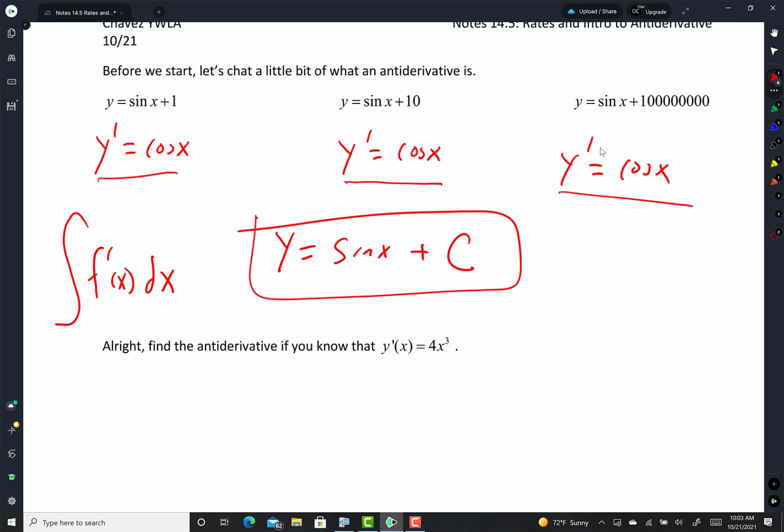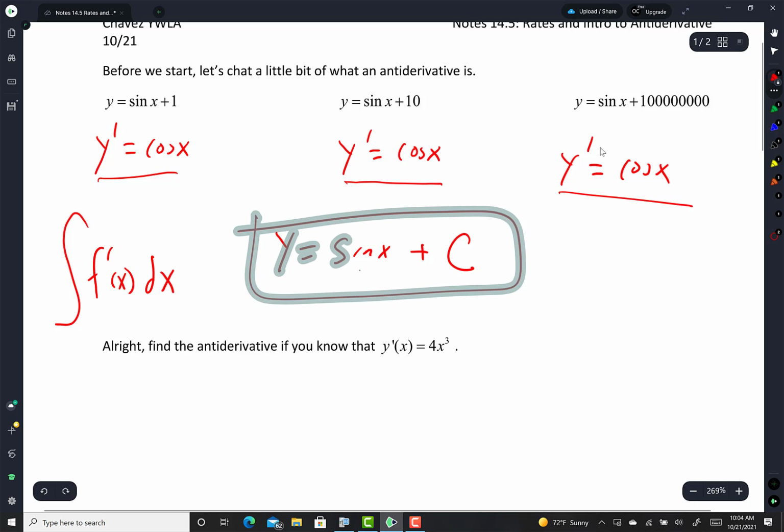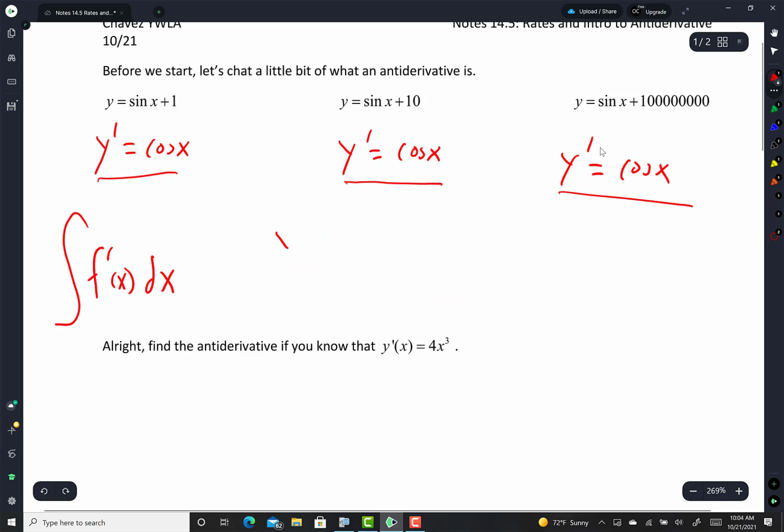So here it is, guys. Here's your definition of antiderivative with notation. We will talk later on about what that elongated s means and what that dx means.